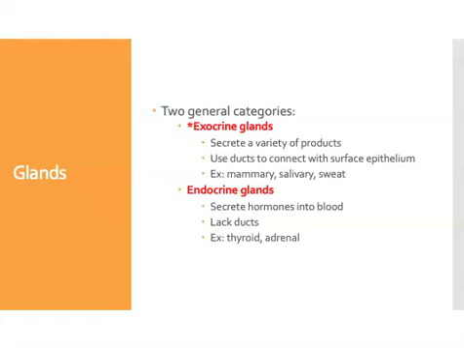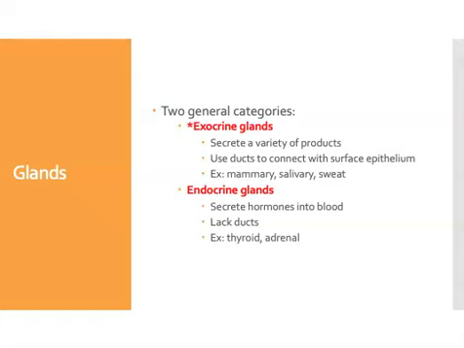They use passageways called ducts to connect with the surface of the epithelial tissue. Good examples of exocrine glands are the mammary glands, salivary glands, and sweat glands.